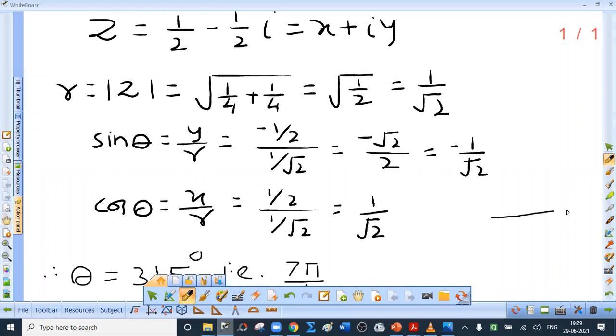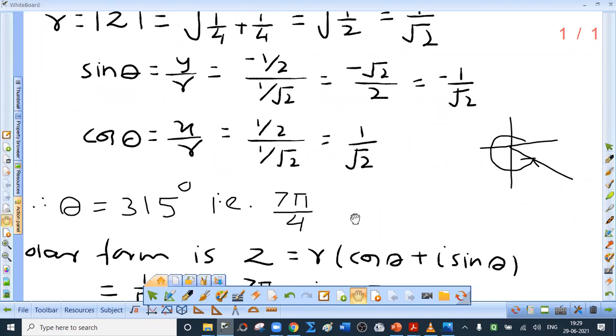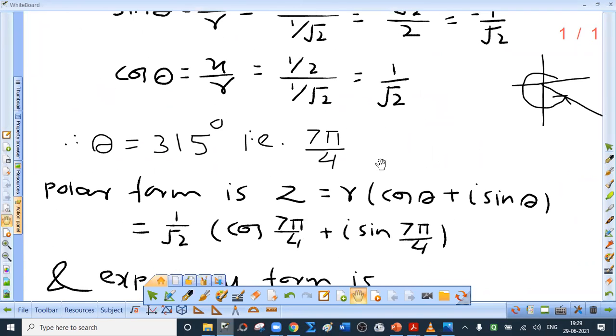It lies in the fourth quadrant because the x coordinate is positive, y coordinate is negative. Now ratios are somewhat similar to 45 degrees, and that is why the angle is 270 plus 45, that is 315 degrees. But we have to convert the angle into radian, so multiply by pi by 180.